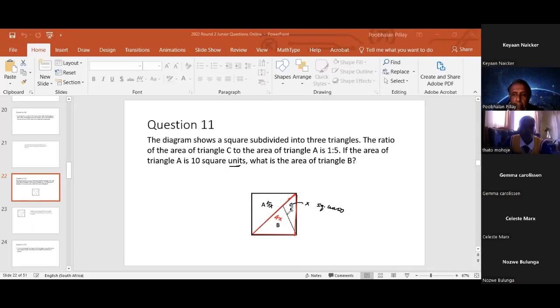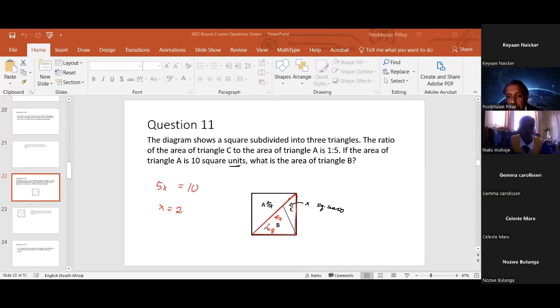But they do tell you that the area of triangle A is 10 square units. So 5X, that's the area of A, and that is equal to 10. They tell you that. So therefore, that gives you the value of X. So X is equal to 2. And so the area of triangle B will have to be 4X, which is 4 times 2, which is 8.